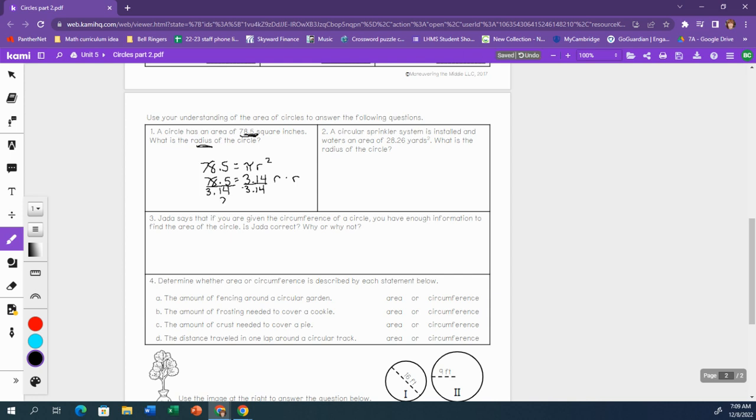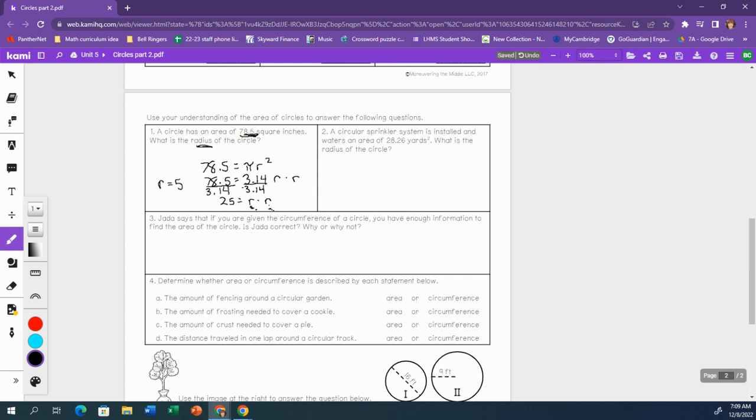And then we have 25 equals, technically it's 25 equals r squared. What does that mean? R times r. What number times itself equals 25? Well, that would be 5. R equals 5. Because 5 times 5 equals 25.